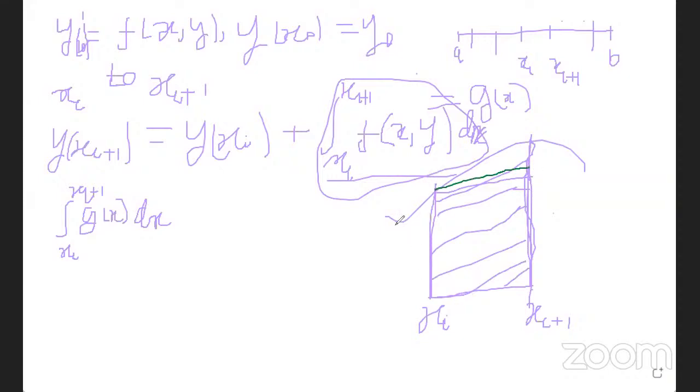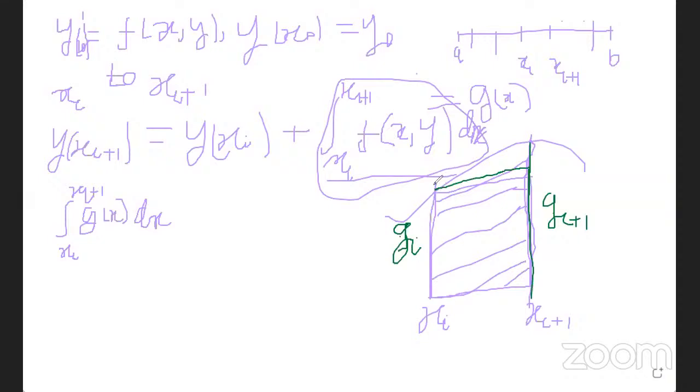What is this height? This height is g at xi, which I am denoting gi. And this is gi plus 1. So now what will be the area?